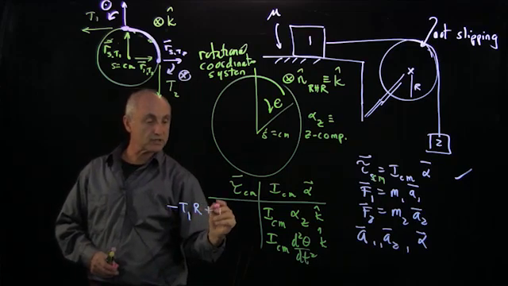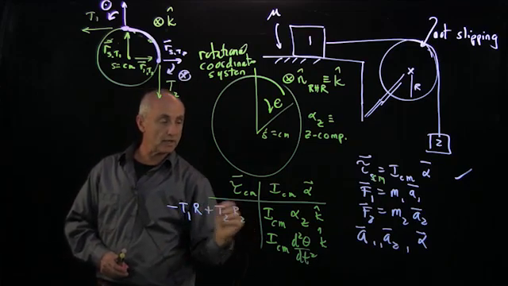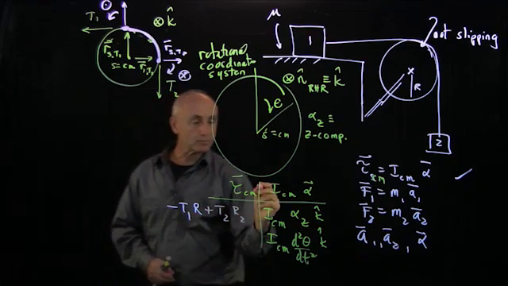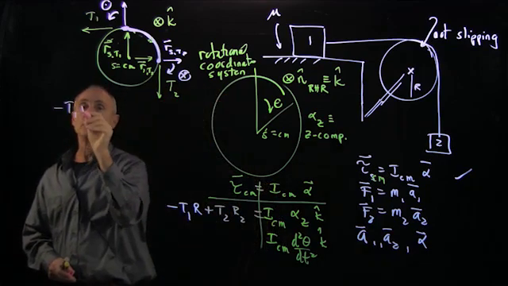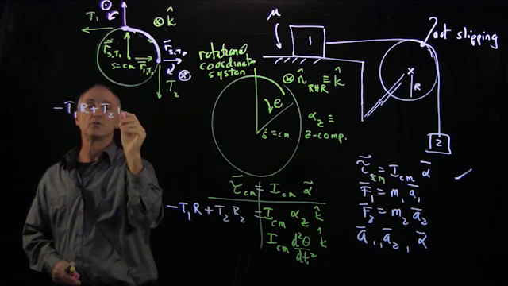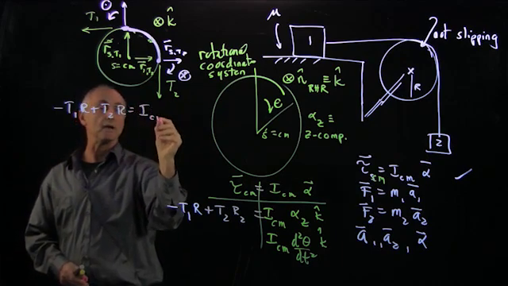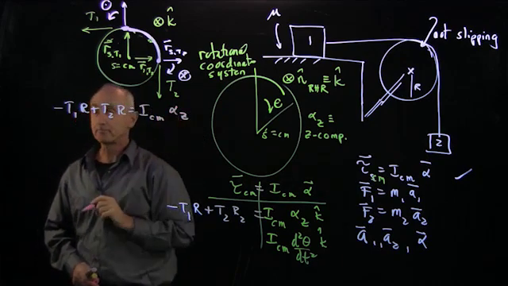And so that's plus T2 R. And now in our torque principle, we set these two sides equal, and we have minus T1 R plus T2 R equals I_CM alpha_z.